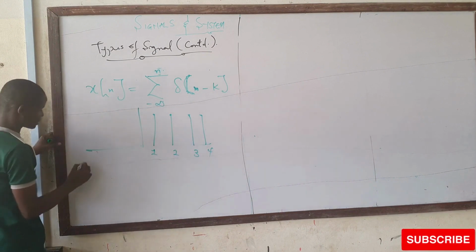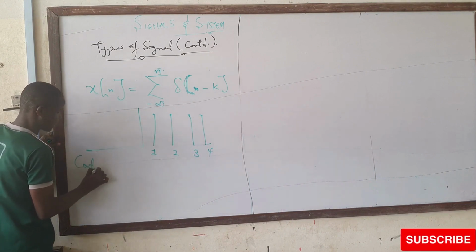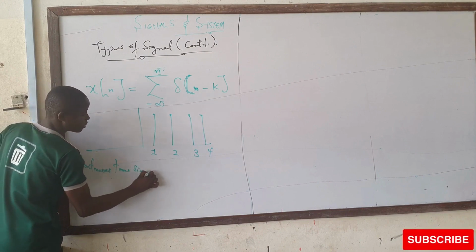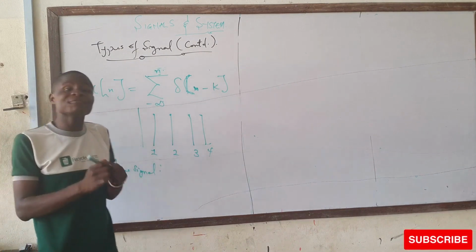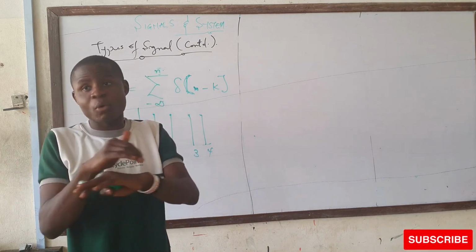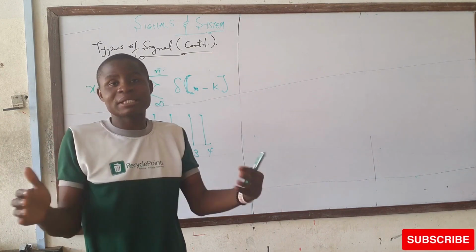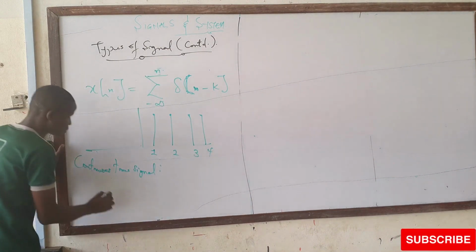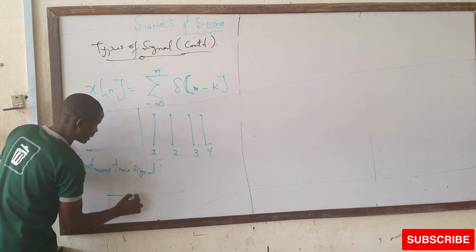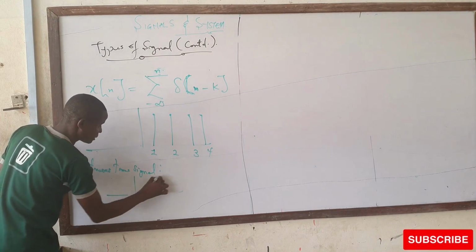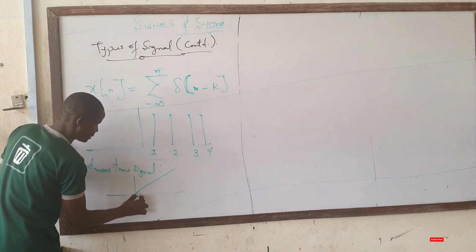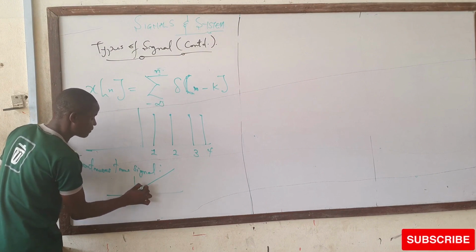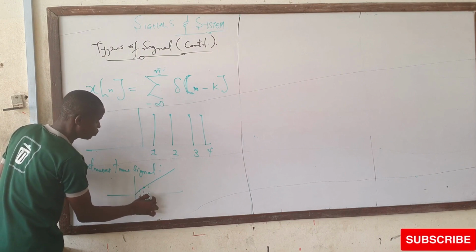Now, a continuous time signal can take on any value within any time range that is given. Your continuous time signal can be like this, it can be like this. At 1 there is going to be a value for it, even at 1.5 there is going to be a value, at 2 there is going to be a value.